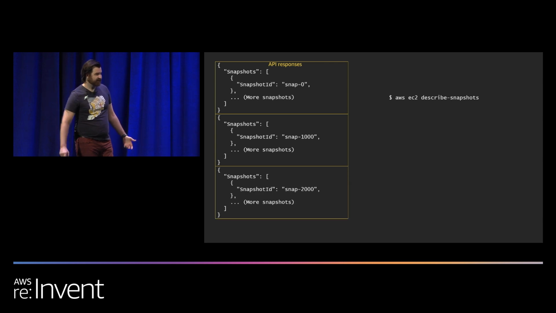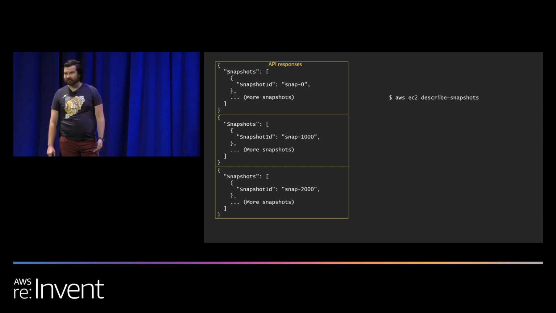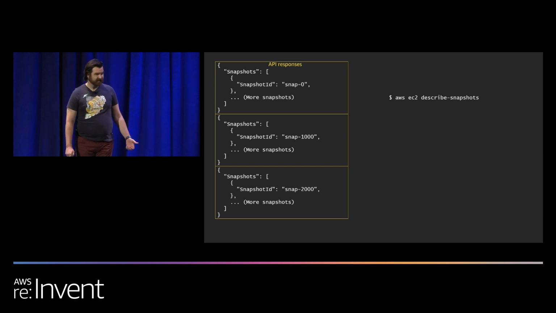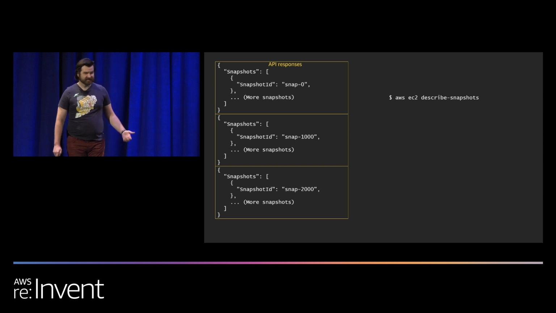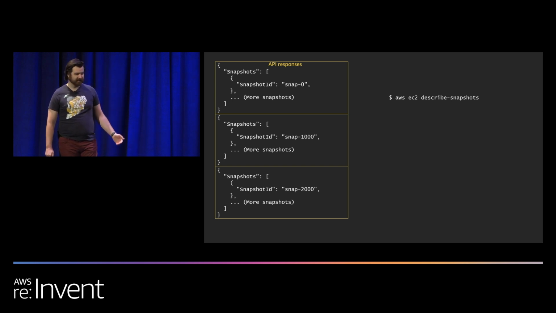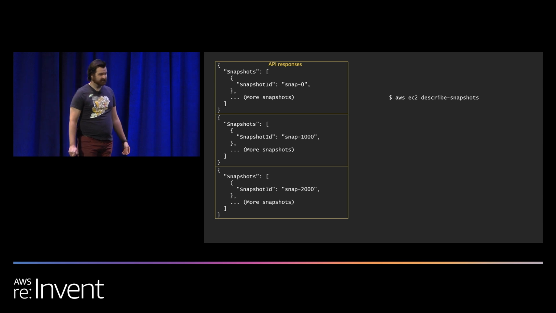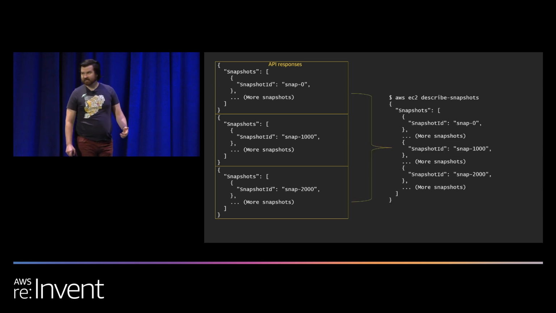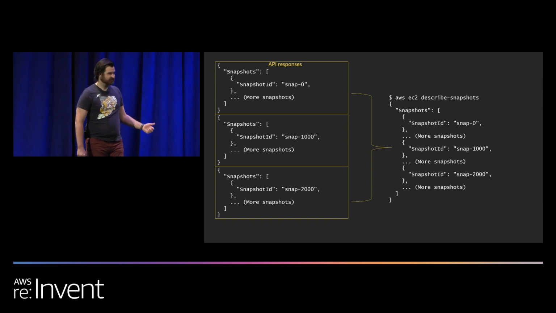And it'll continue making these requests until EC2 indicates there are no more snapshots to be described. From there, the CLI will build up an entire list in memory of these snapshots to return back to standard out.